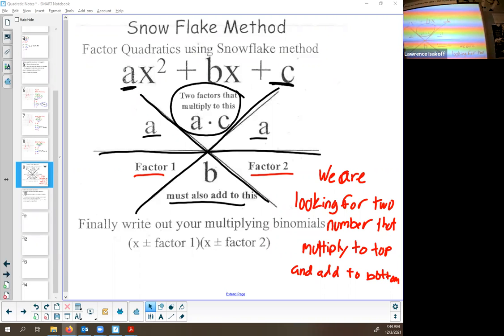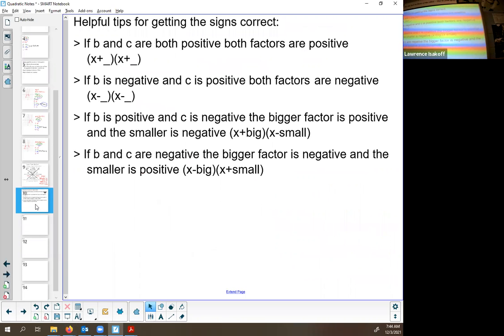Okay, let's take a look at these tips and tricks I was talking about. Getting this right is a little bit of a guessing and checking type thing, just making sure you got it. Here are some tips though. If both your B and C value are positive, both factors are positive, so you're going to have x plus something, x plus something.